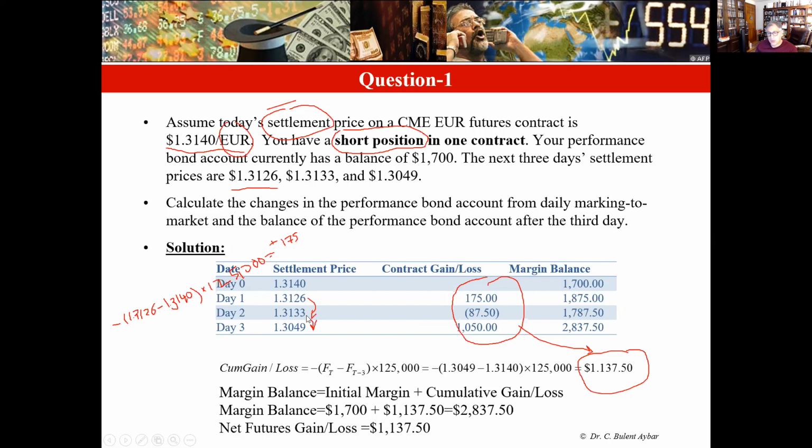For day 2, we are going to do 131.33 minus 131.26 times 125,000, which produces a negative value of 87.50. And finally, the last one is going to produce 1,050. But if we want to do the cumulative calculation, we could just use this formula, F_T minus F_(T-3) times 125,000, which gives us the gain during this period.